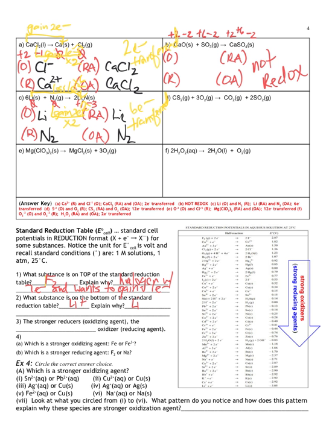It is an alkali metal, and alkali metals tend to lose one electron. And so on the top of the reduction table are your elements that really want to gain. On the bottom of your reduction table are your elements that want to lose electrons.